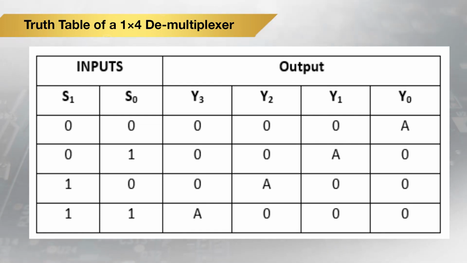If the selection line has the combination 1, 1, then Y3 will have the value of input, that is, the input will appear at Y3 along with Y0, Y1 and Y2 having logic 0 at the output.